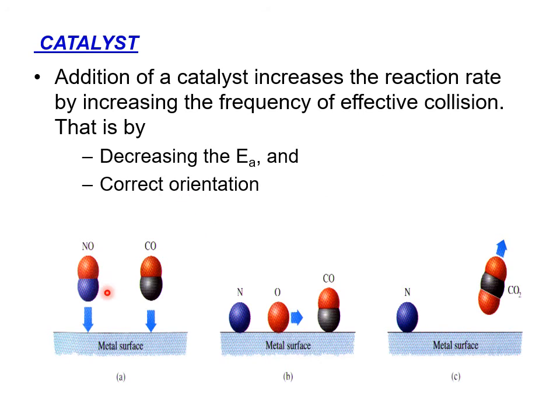So you can see here, NO is bumped to the metal surface together with CO, and then N and O will be fixed at the metal surface, and then CO will take the O to become CO2. So the metal surface is actually providing a place where the effective collision can occur effectively.